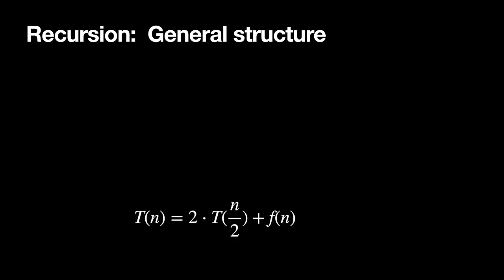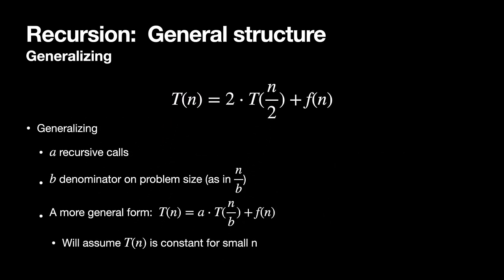Okay, so let's be a little bit more generic. Let's imagine that we replace those two terms with some variable. So imagine that we're going to have some recursive calls, could be one, could be two, could be many more. And we're going to reduce the problem size by some factor, but it'll be more generic than just two. Maybe we'll reduce it by 3, maybe we'll reduce it by 4, it's hard to say.